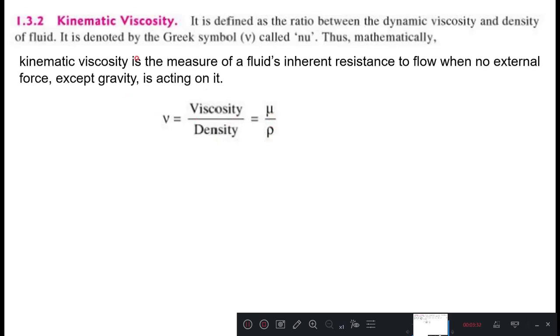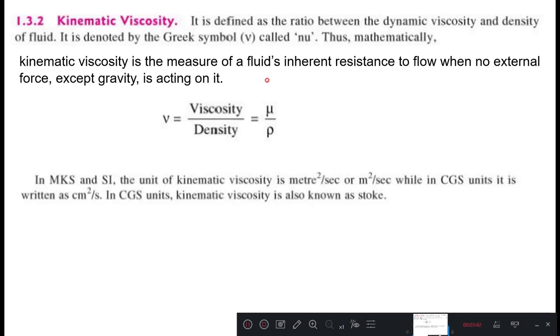So kinematic viscosity is the measure of a fluid's inherent resistance to flow when no external force except gravity is acting on it. In MKS and SI, the unit of kinematic viscosity is meter square per second.